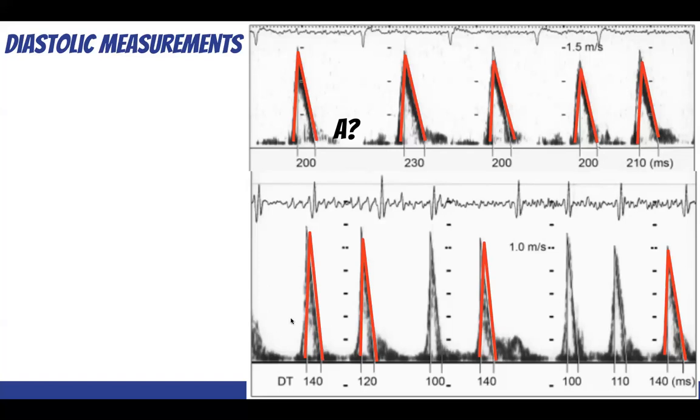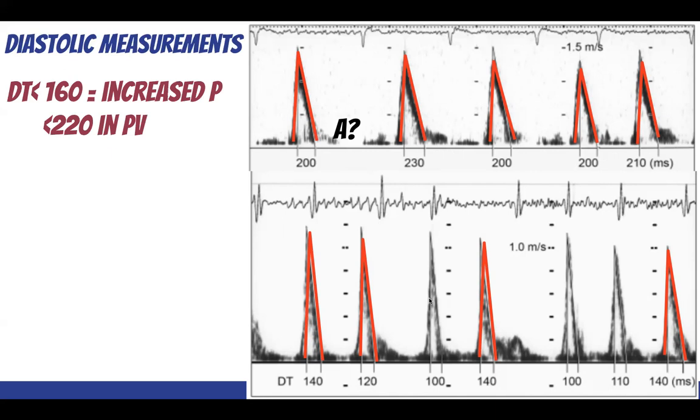So 1, 2, 4, and 7 end before QRS, so we can measure them. But 3, 5, and 6 end on the QRS. The QRS starts while the E velocity is still going, so we don't use these E velocities to measure the deceleration times.